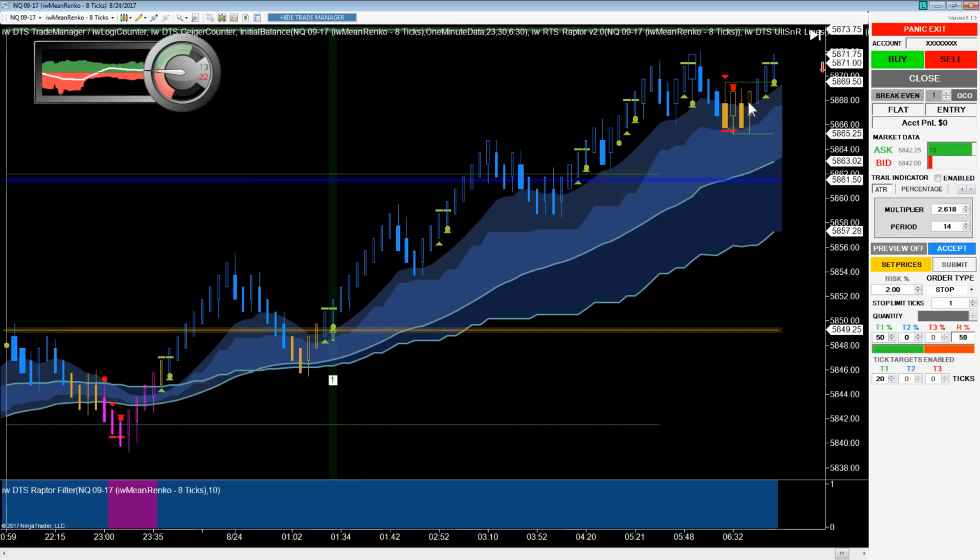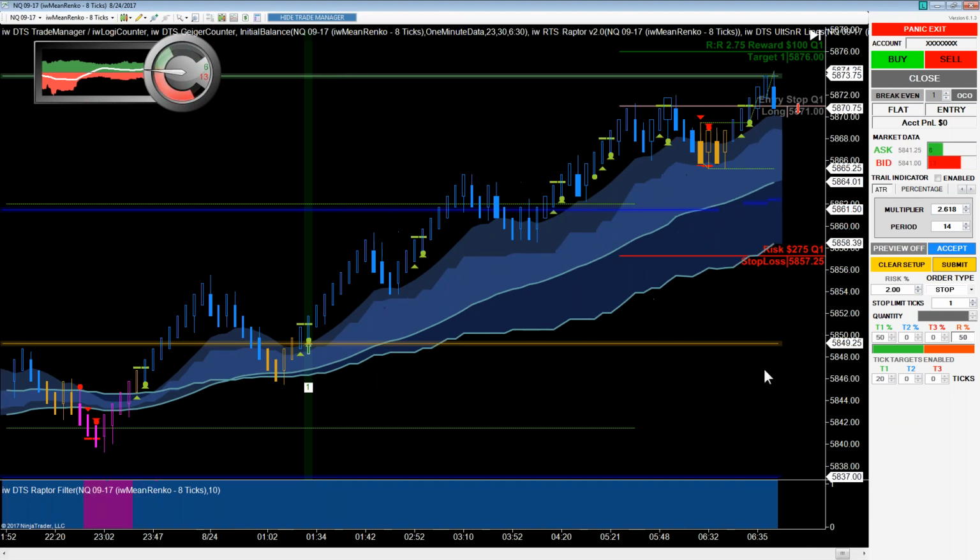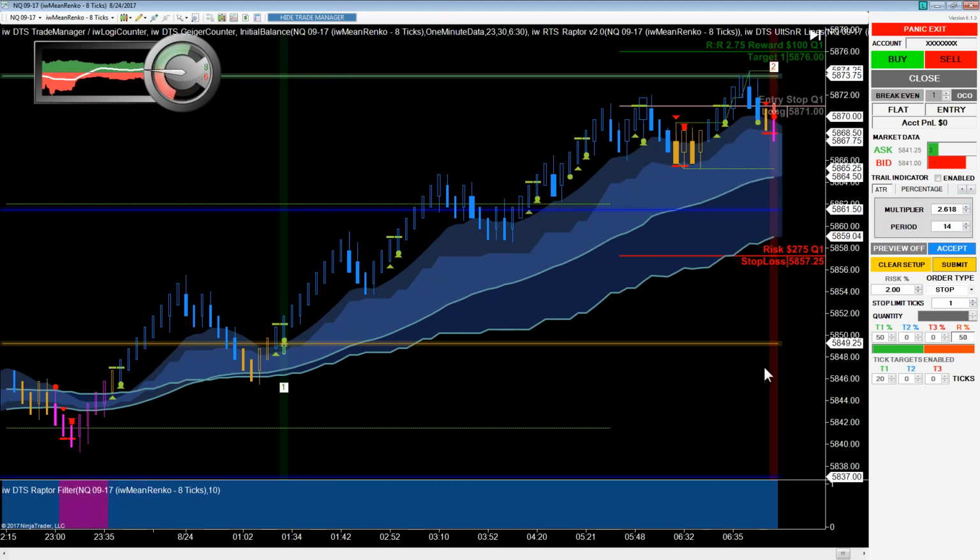So you get a cluster of yellow bars, and all of a sudden you come back with a buy signal. Again, this is one of these advanced style signals where you might say, yeah, all right, I'll give it a go. For $300, that's not going to ruin me. I'll give it a shot. And all of a sudden the market comes back and reverses on you.